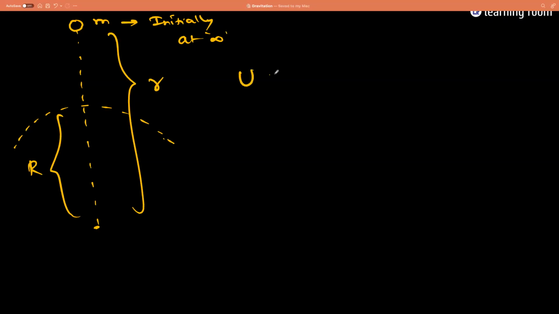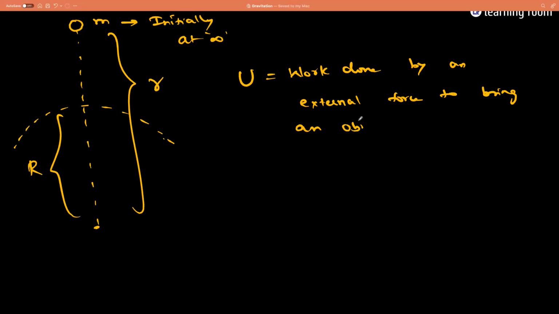The gravitational potential energy, can I define it as the amount of work done by an external force to bring an object from infinity to a point within the gravitational field?